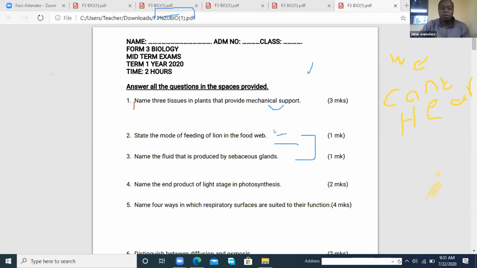In the food web, we have several food chains, where we have the flow of energy in linear form. That's a food chain. Take for example, plants are being eaten by any animal that feeds on plants.